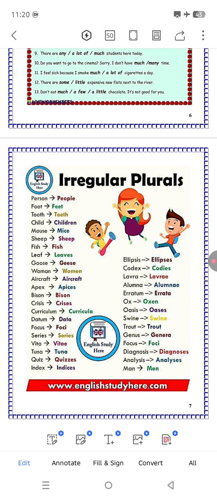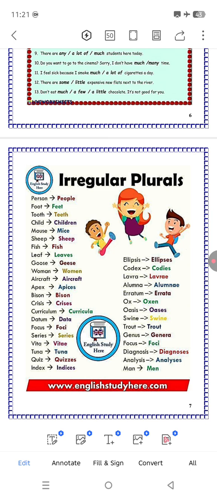We have apex, apices, and we have bison, which is some kind of an ox, but I think it's American. It keeps the same form, but it depends on the context of the sentence itself. Also, we have crisis. It is pluralized by changing the last two letters in the word.